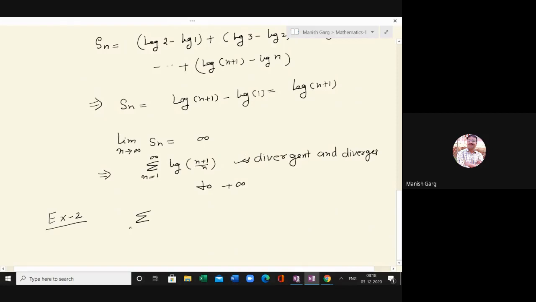Sir, in example one, do we also have to check whether the series is oscillatory or not? Yes, correct. Check it. If it is an oscillatory series, when you solve the problem, you will immediately get an idea. This is not oscillatory, it directly goes to infinity.